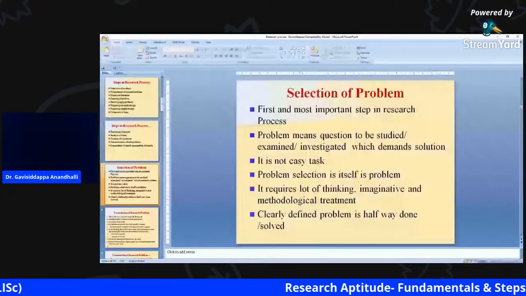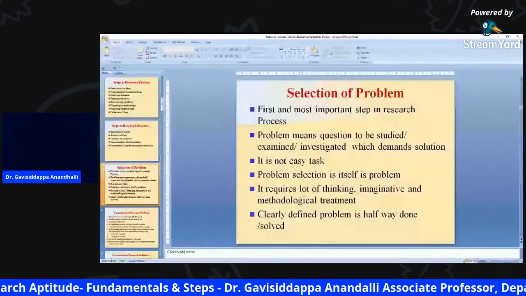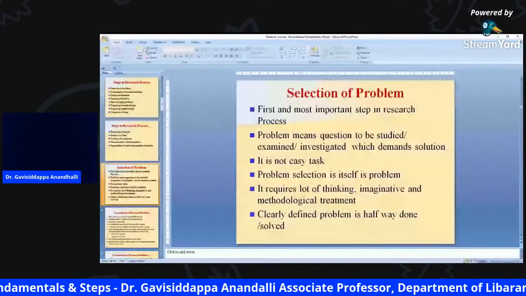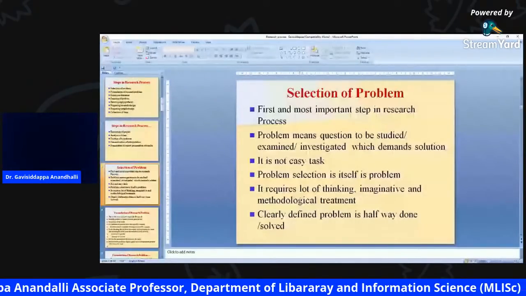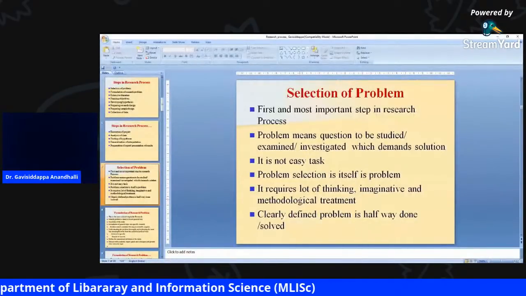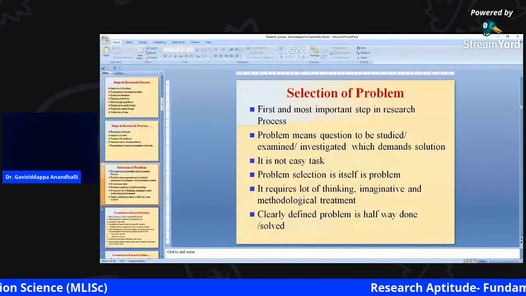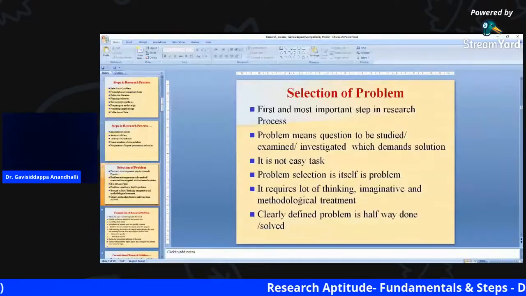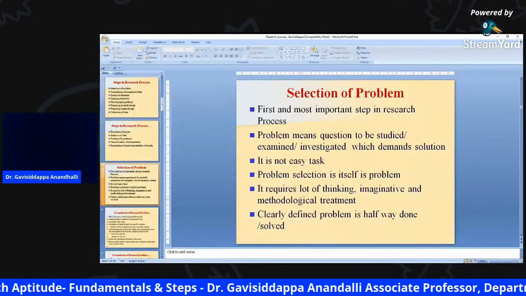So this problem requires a lot of thinking. Okay, so you have to think a lot in that area of the research topic. It should be very imaginative, and methodological treatment is required for the selection of the topic. A clearly defined problem is itself halfway solved. Okay, in the morning session I told, selecting the right problem for the research work means almost 50% of your research work is completed.